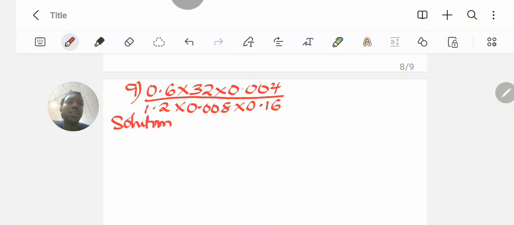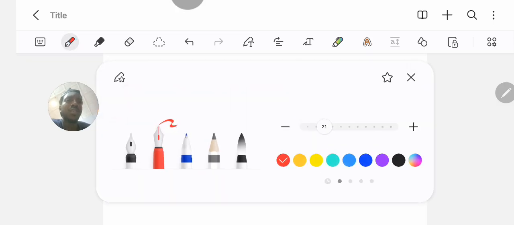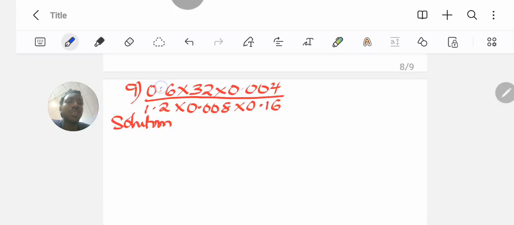So if I come outside, if I want to remove the decimal, right away, just once. So that's 6 times 10 raised to the power minus 1 times 32. No need to remove it since there's no decimal. Times this one, there's a point here, you move 1, 2, 3.